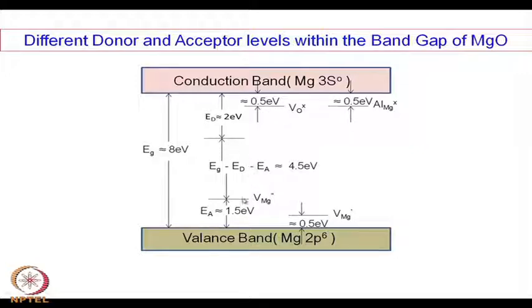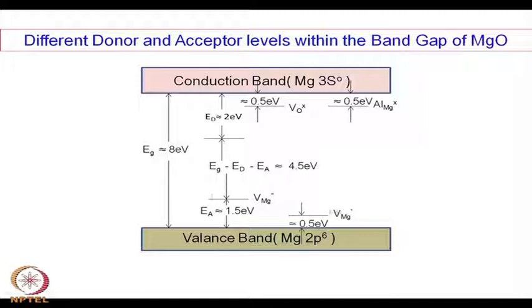So, this is about 2 electron volts from the top. Here is another type of defect, where aluminum has been added as an impurity at the magnesium site, and this is the aluminum at the magnesium site with a neutral charge, and that is about 0.5 electron volts.